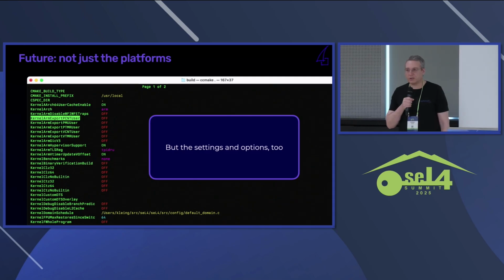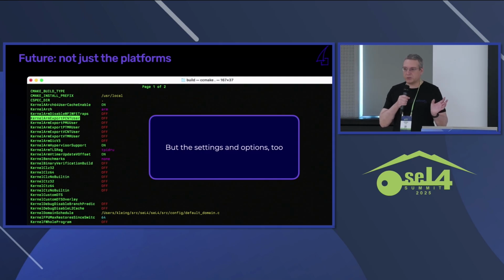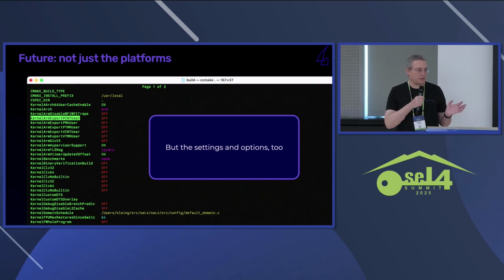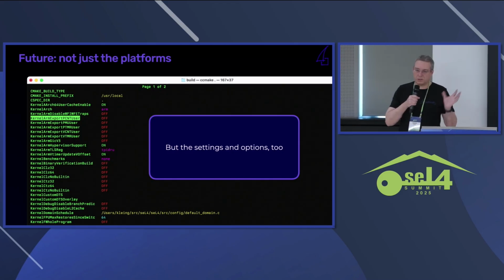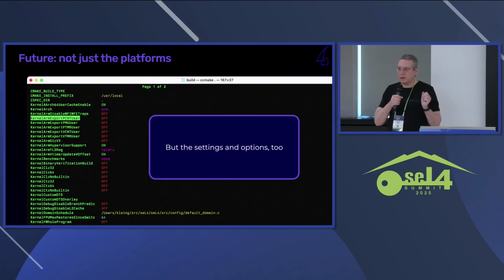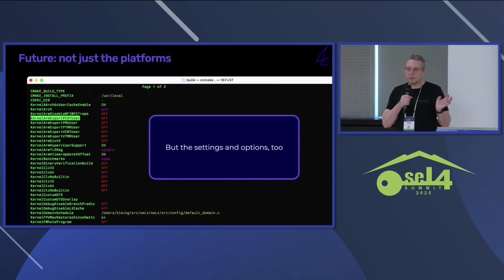In the future, I don't want to just support more platforms. I also want to support the settings and options. When you configure seL4, like open up CMake and go into the configuration, there's a whole bunch of things that you can set and unset and tweak parameters and so on. The verification applies currently to a very restricted set of these.